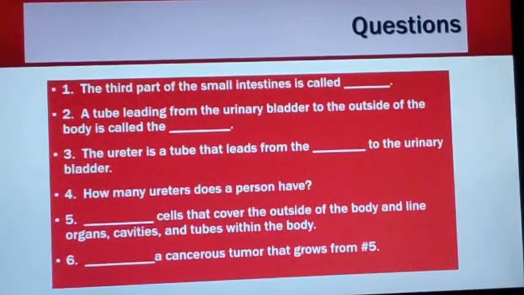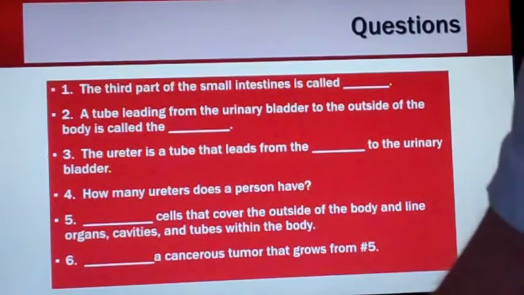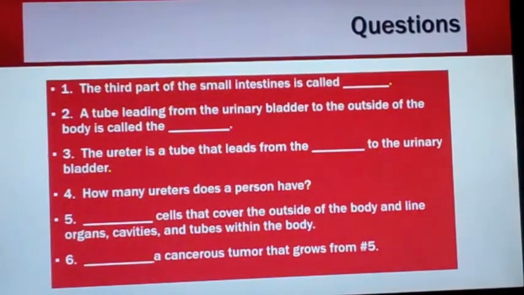Number 3. The ureter is a tube that leads from the blank to the urinary bladder. Number 4. How many ureters does a person have?